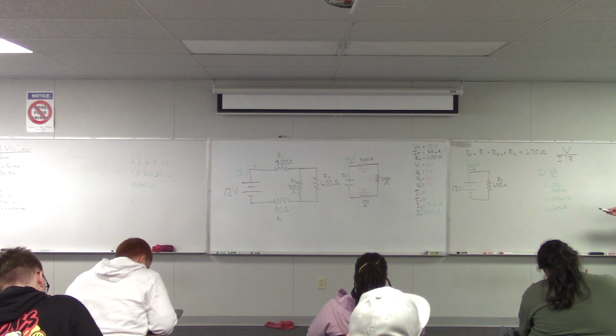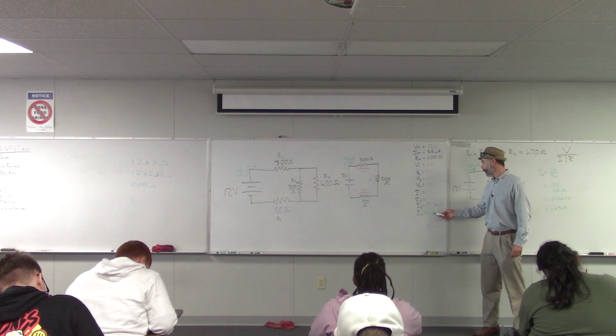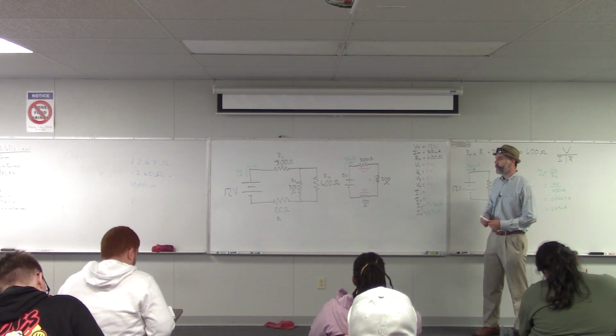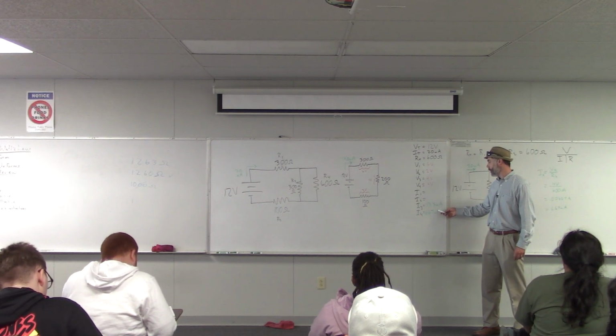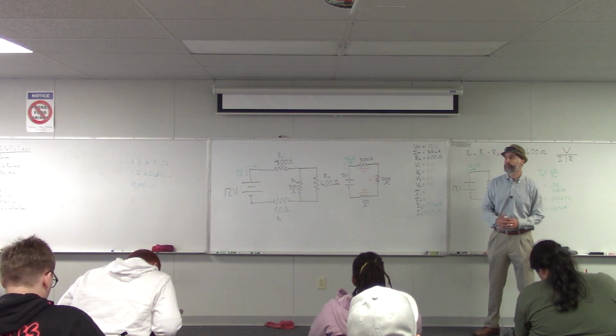All right. So those are the currents that we have for resistor 3 and resistor 4. I3 is 13.3 milliamps, and I4 is 6.67 milliamps.